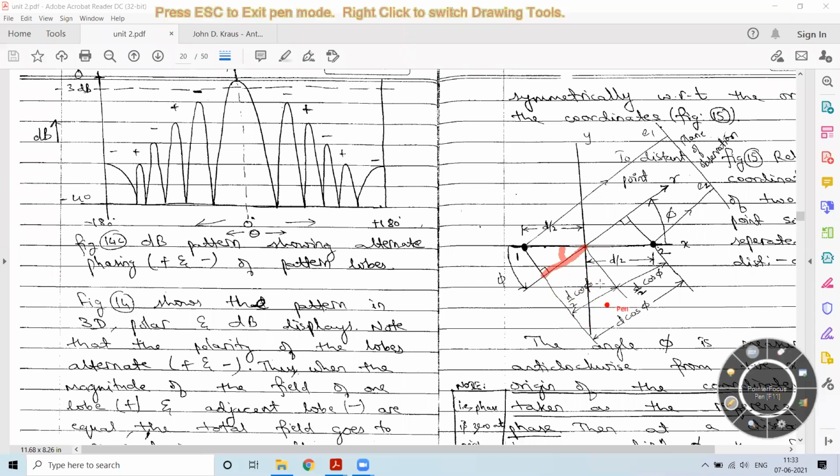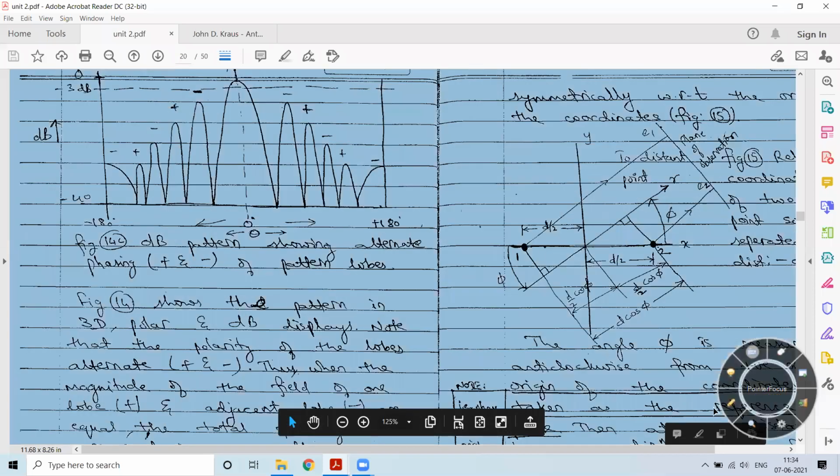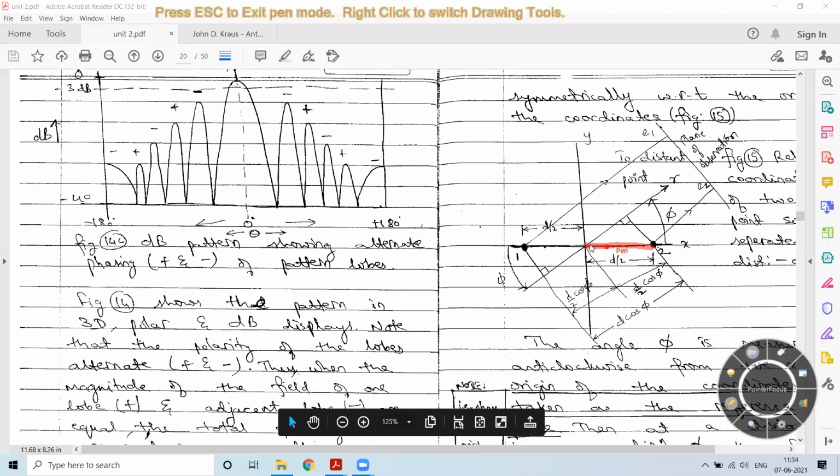When we consider that, the distance of this one is d by 2 into cos phi. Similarly, the distance of this one is also d by 2 into cos phi. So d by 2 upon this distance gives you the cos phi parameter, that is adjacent side upon hypotenuse gives you cos phi.